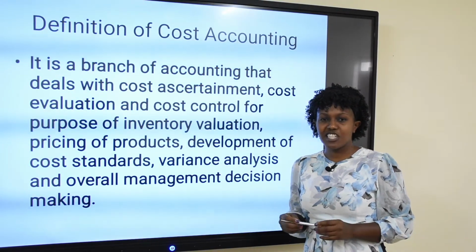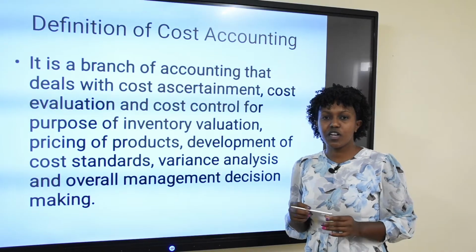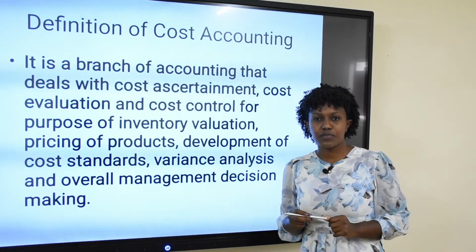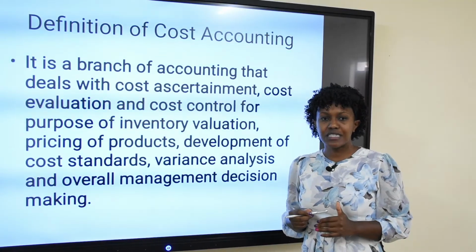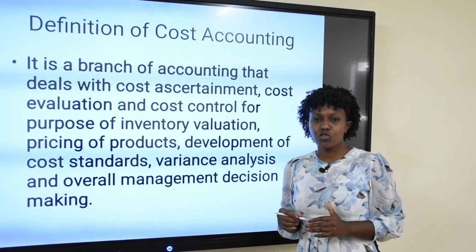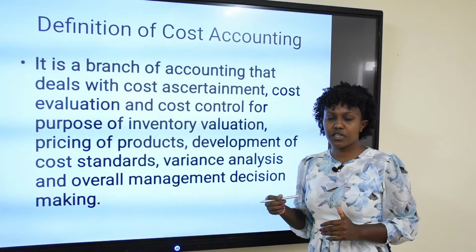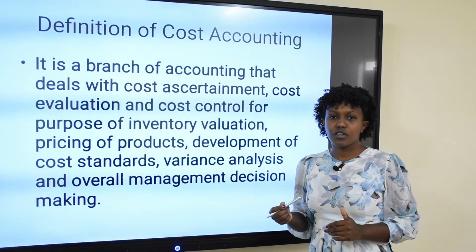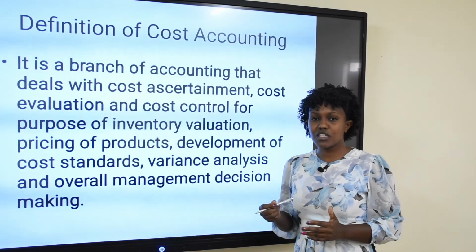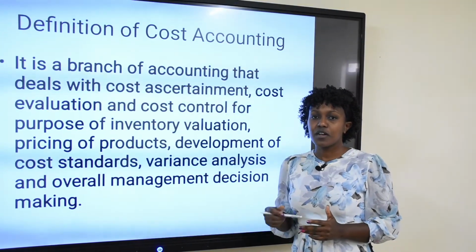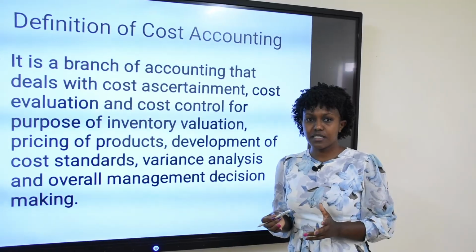Just as the name suggests, it is a branch of accounting that deals with cost. In an organization, this branch deals with cost ascertainment. So you determine how much cost, for example, is used in production, how much cost is used in service delivery. That is cost ascertainment.